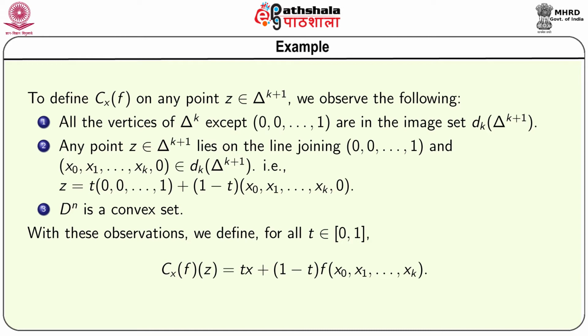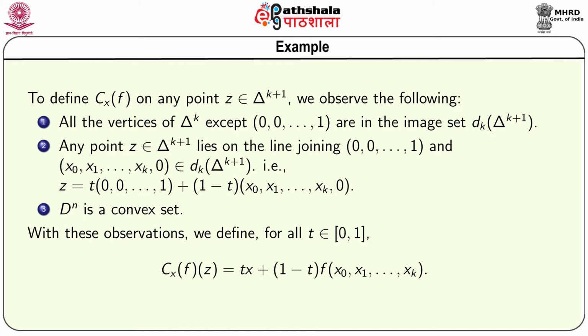Secondly, any point z belonging to delta k+1 lies on the line joining (0, ..., 0, 1) and (x0, x1, up to xk, 0), which is a point of the boundary of delta k+1. That is, the point z can be expressed as a linear combination of the points (0, 0, etc., up to 1) and the point (x0, x1, xk, 0). Thirdly, Dn is a convex set.